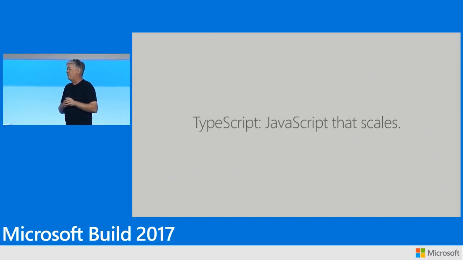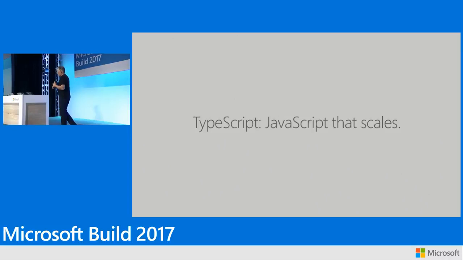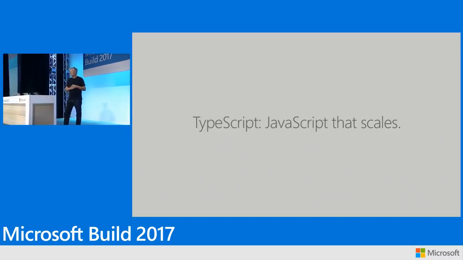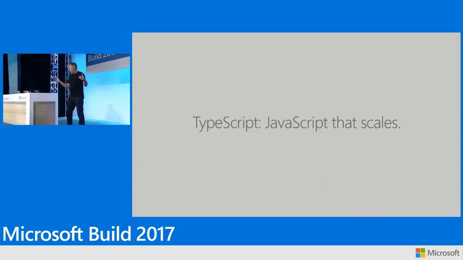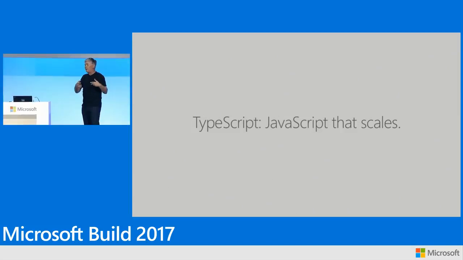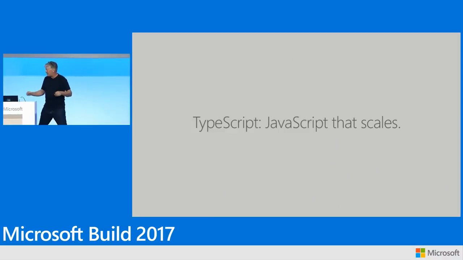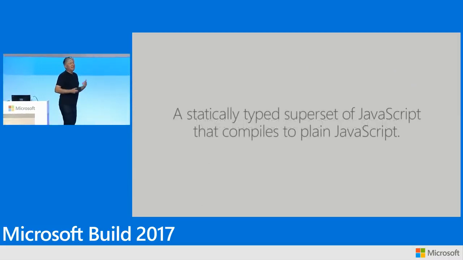And when you think about what powers the rich development experiences that developers today are accustomed to, like code navigation, statement completion, safe refactorings, error checking before you run your program, all of that comes down to having some ability for the IDE to reason about the code you're writing. And that ability comes from having a static type system. So TypeScript effectively is about creating a statically typed superset of JavaScript that then compiles back to plain JavaScript.